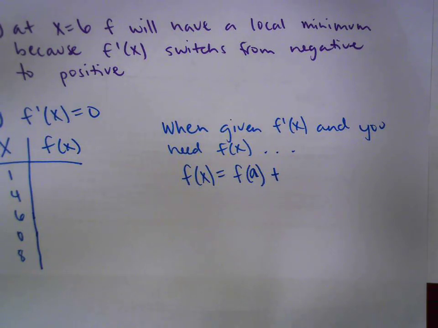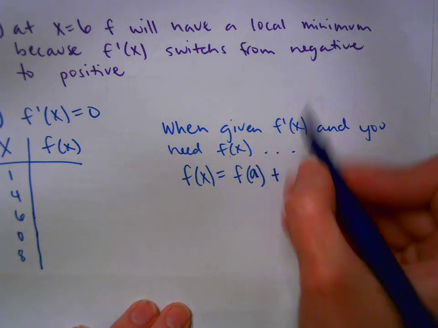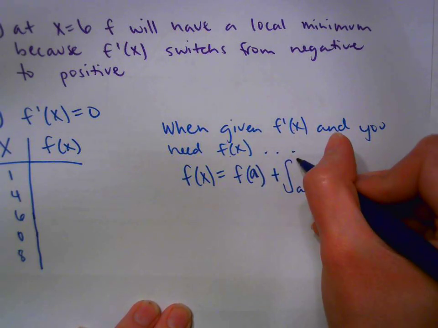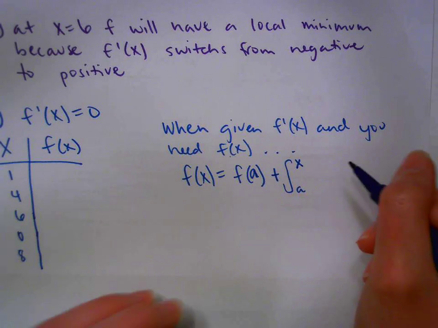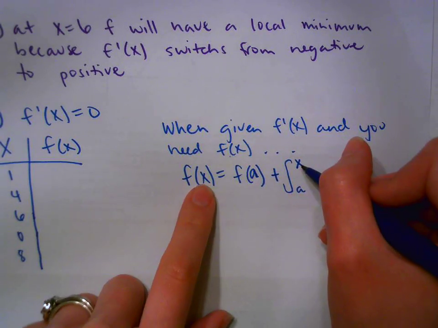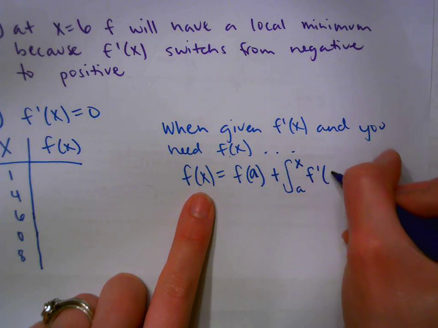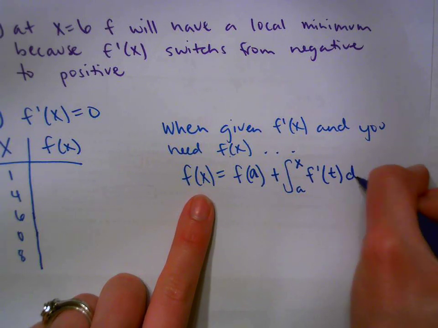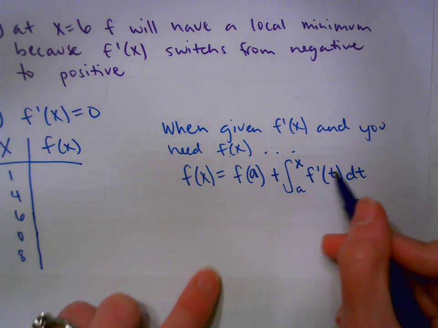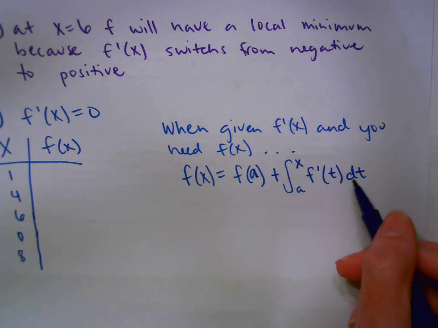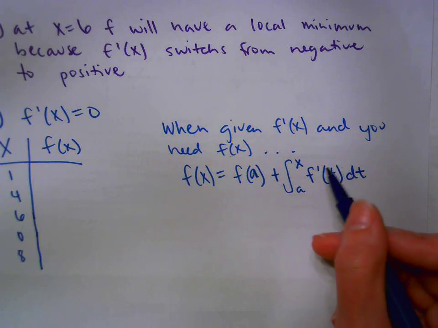You integrate, right? If we have f prime and we're trying to go to f, you integrate from a, and now we use that boundary as x. You use t just so that it's not the same boundary, but technically you should change that to t, but it's still the same f prime of x graph.